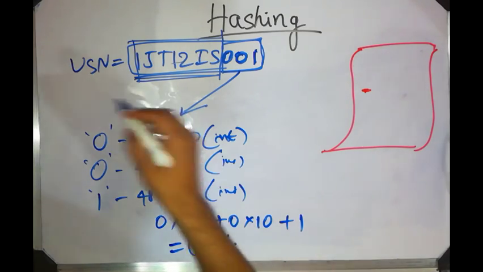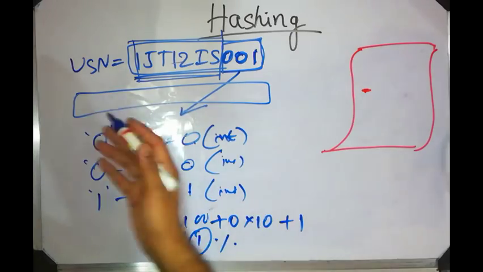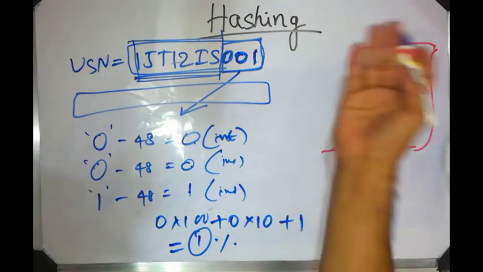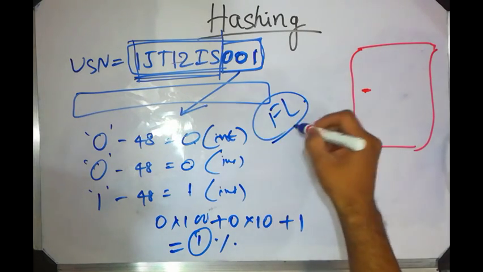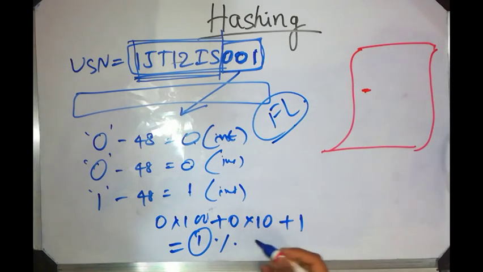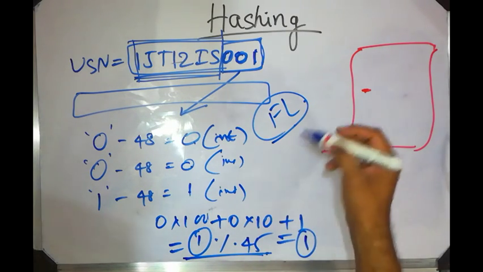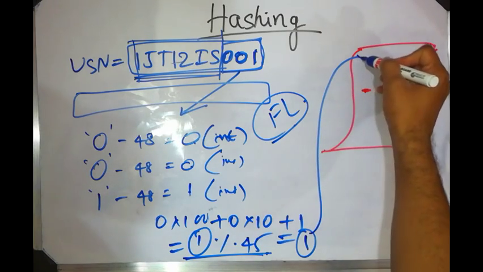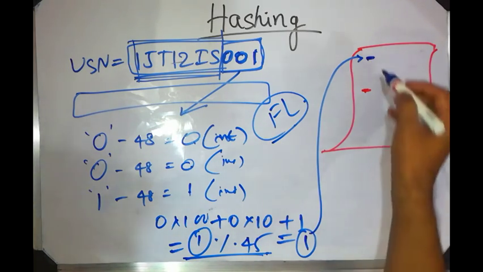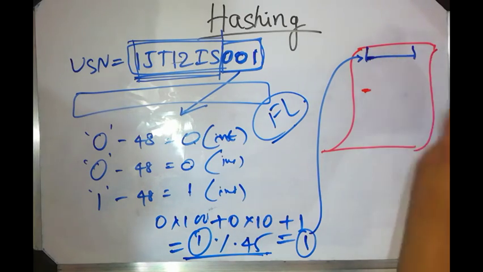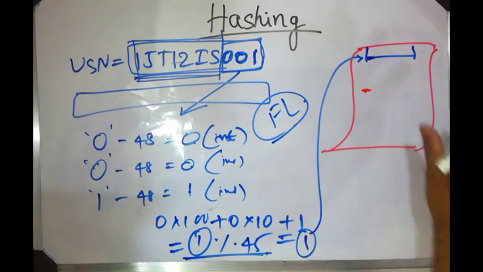Mod, whatever is the size of the record that you have chosen, we consider that this program follows a fixed length record. So if the fixed length record size is 45, then you get again 1. So go to the file, go to the first position, that is 1, and start putting your record there. So this is exactly what is happening.